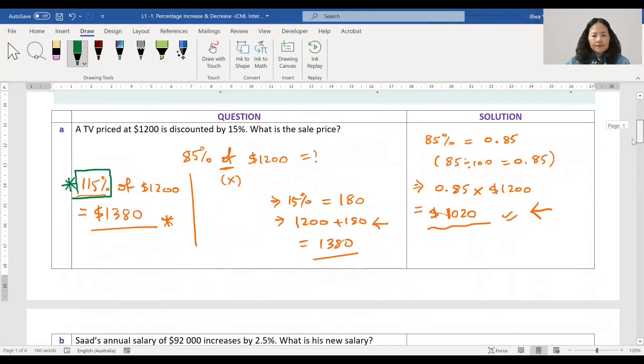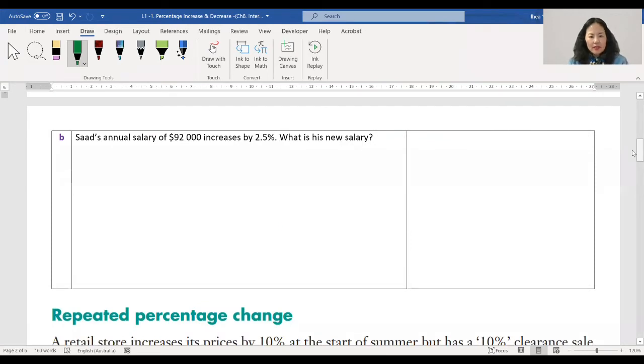Next one. Saad's annual salary, a yearly payment, is 92,000 and increases by 2.5%. Good on Saad. Okay, what is his new salary? Again, let's try this way. We are adding 2.5% to 100% because Saad's salary, 92,000, is 100%, isn't it?